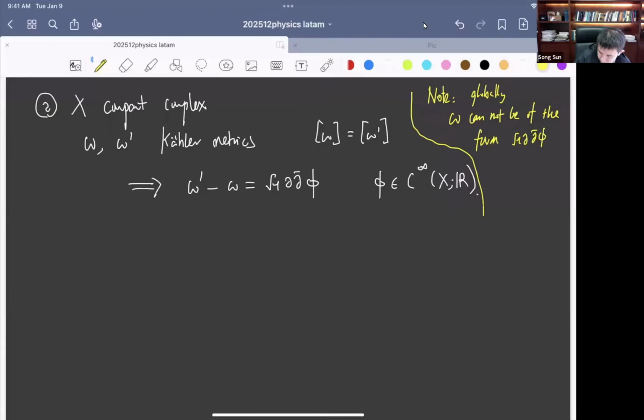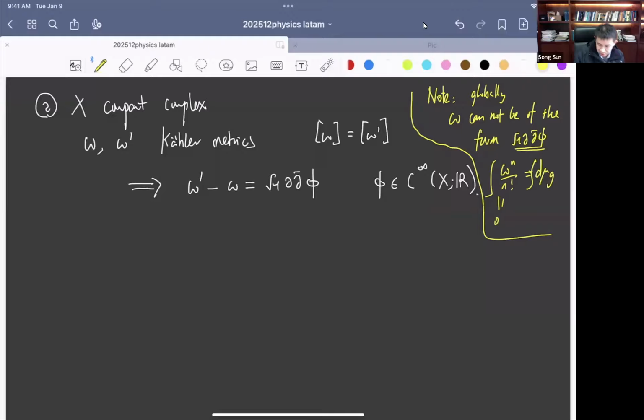This is because the volume form is omega^n over n factorial, the volume form of the metric g, and this has to be positive if you integrate over X. But if it's globally partial partial bar of phi, then omega would be exact, and the integral would be 0. That would not be possible.